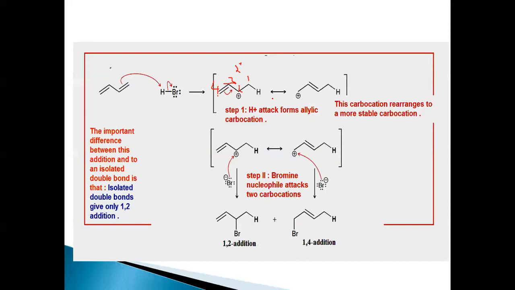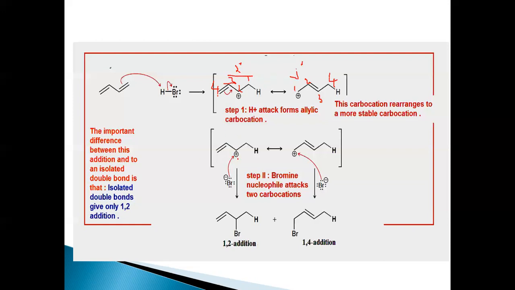By means of conjugation, a primary carbocation is formed, where the positive charge is present on the primary carbon. Because of the resonance, two types of carbocations are possible, one secondary and one primary.